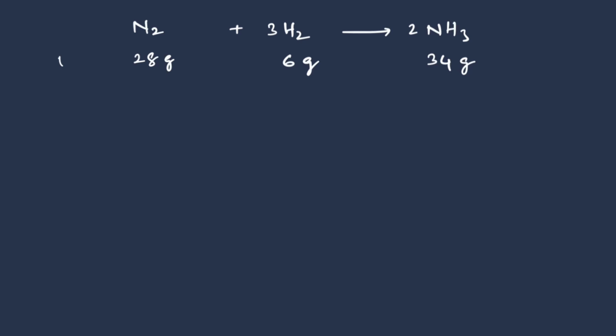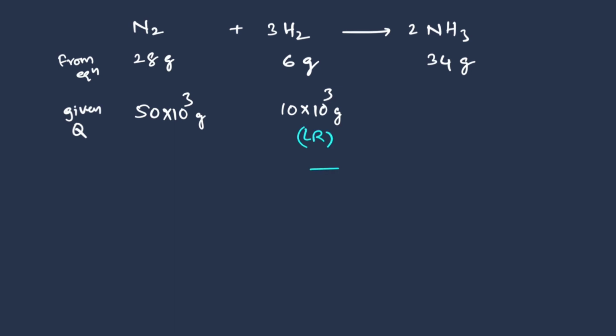This is from the equation. This is given in the question. Given in the question is 50 kg, meaning 50 into 10 power 3 grams, and this is 10 into 10 power 3 gram. So already we know this is the limiting reagent. So how much product forms we have to find out.